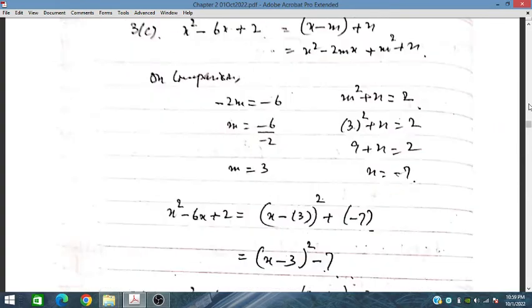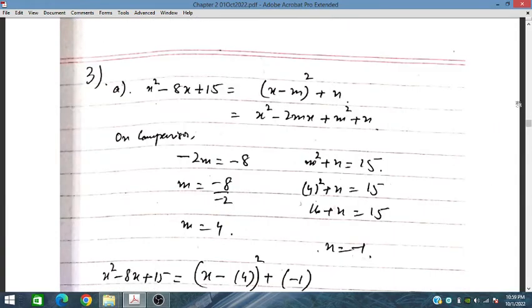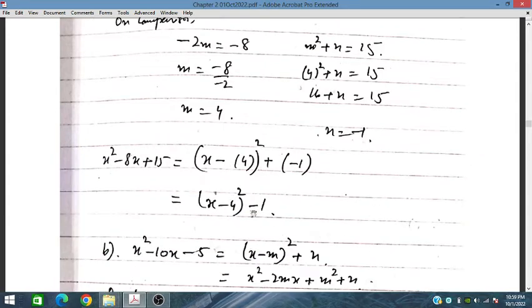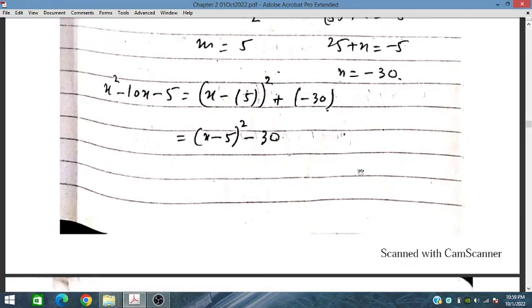On problem 3a, we have to write this equation in this form, and we can write it like this, and we just compare coefficients to get the values of m and n. By placing this in place of m and this in place of n, we write this form. Similarly for the others.